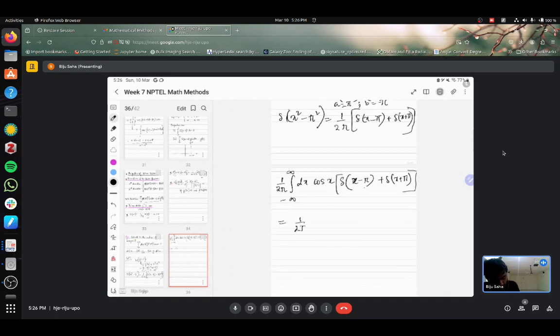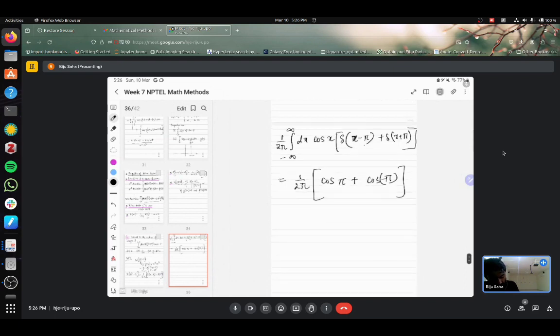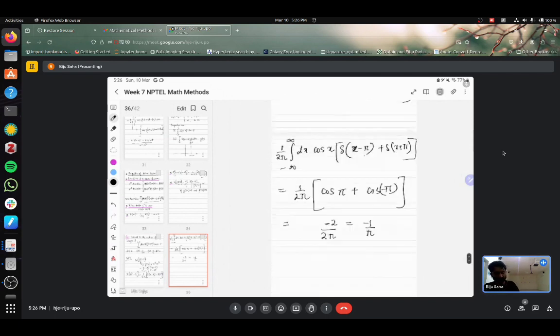So 1 by 2 pi, from the defining property of the Dirac delta, the first term would be cos pi and the second term will be cos minus pi. Since cosine is an even function, both of them are cos pi, and cos pi plus cos pi is minus 2, so minus 2 by 2 pi. So that is my answer to this.